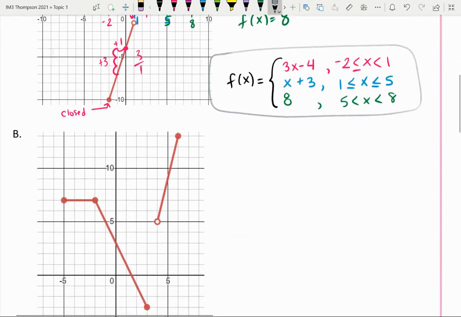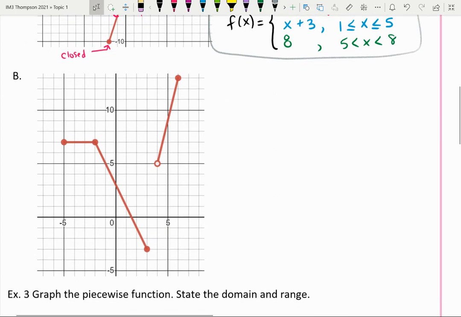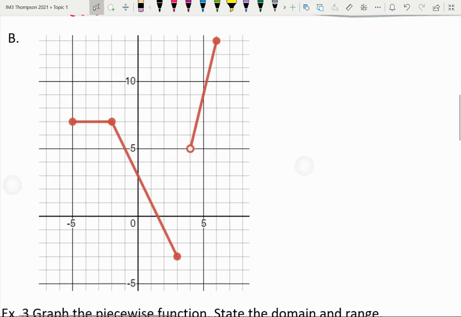Okay, we're going to do it again for problem B. Now in problem B, I purposely did not color coordinate them because we're going to have to make some choices. So I'll zoom in, and you want to pause this video and copy that down.